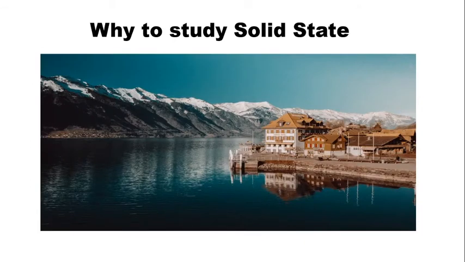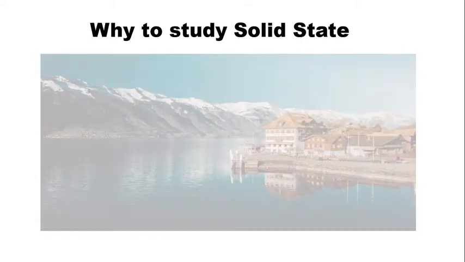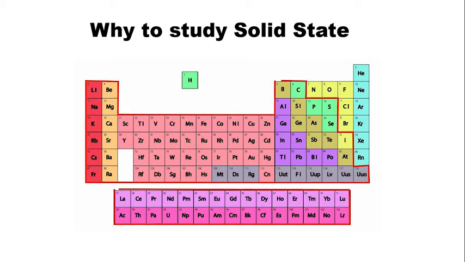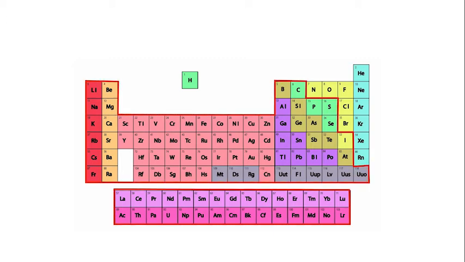So first, why do you need to study the solid state? Because we see around us many things like oceans, mountains, houses, buildings, etc. And we can see that the maximum of the things are solid in nature. In the periodic table also, the maximum number of elements are solids in nature.